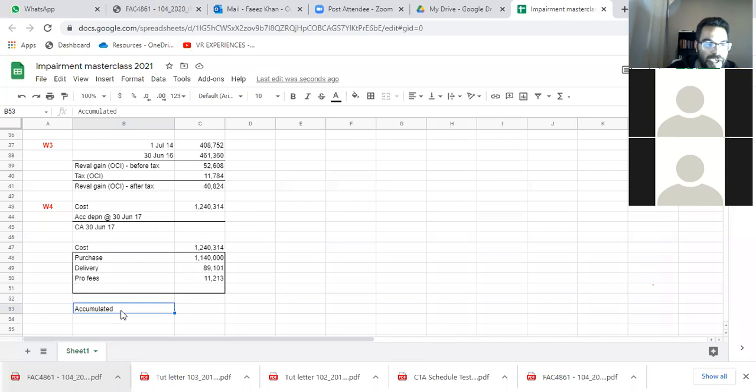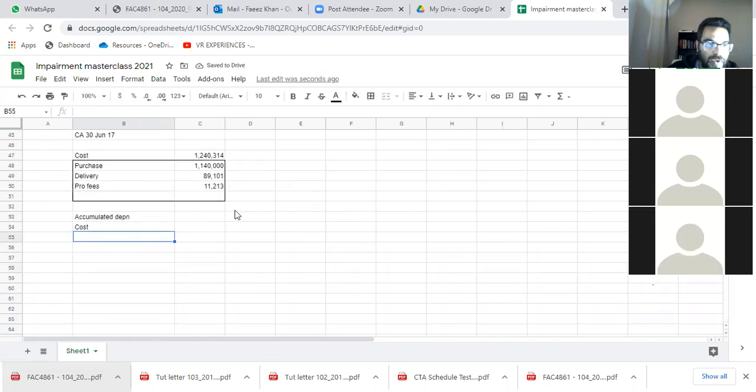So accumulated depreciation would be cost times units used at 30th June 2017 over total expected production.